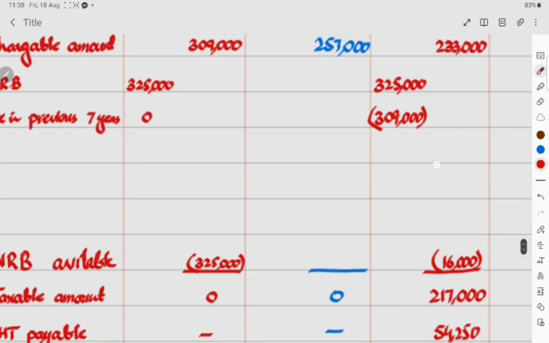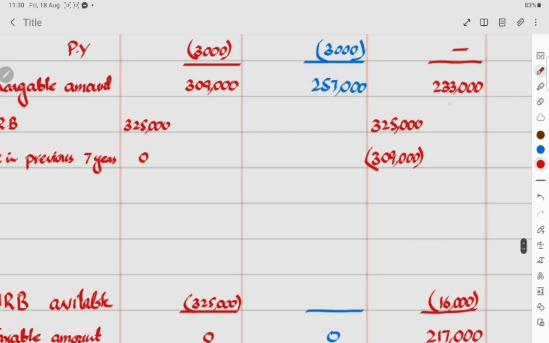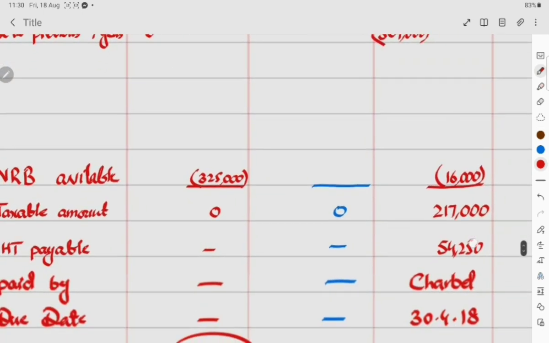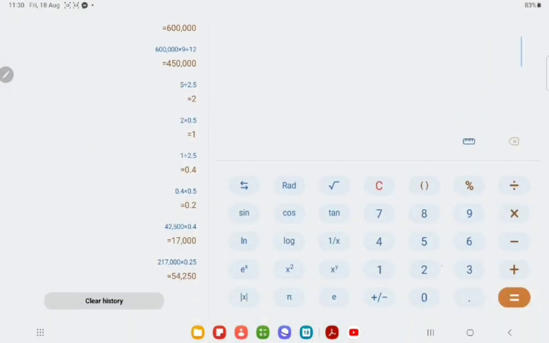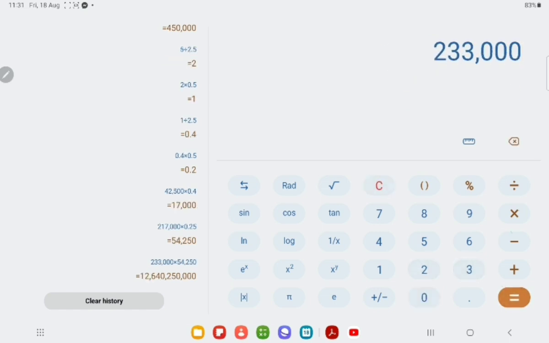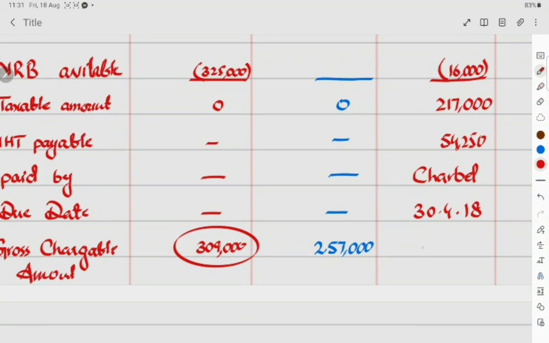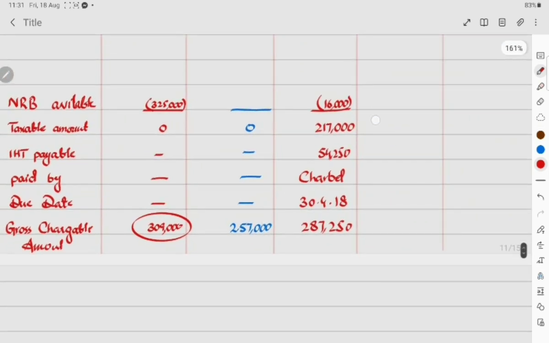The gross chargeable amount is the chargeable amount 2,33,000 plus 54,250. So it is 2,87,250. The gross chargeable amount is 2,87,250. So this is about the third gift.